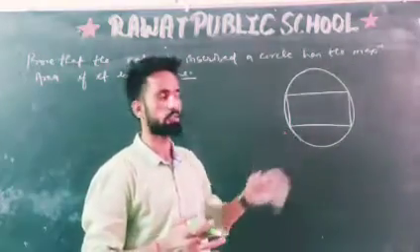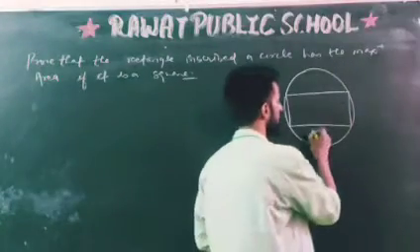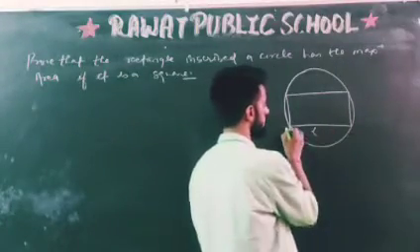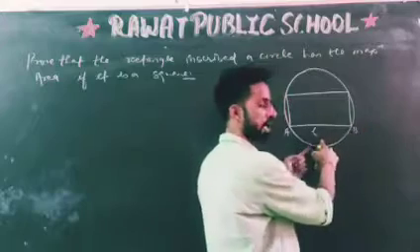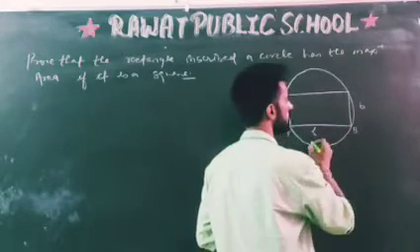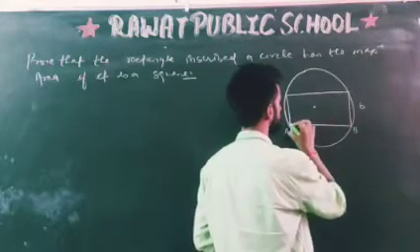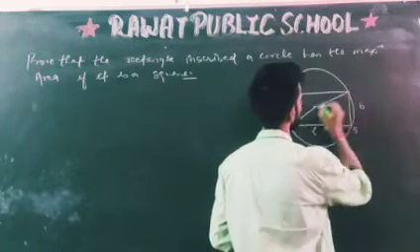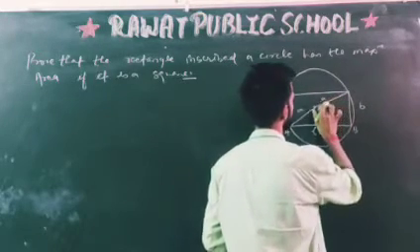So the length of the rectangle is L and the breadth is B, this is the center and this is the radius a.